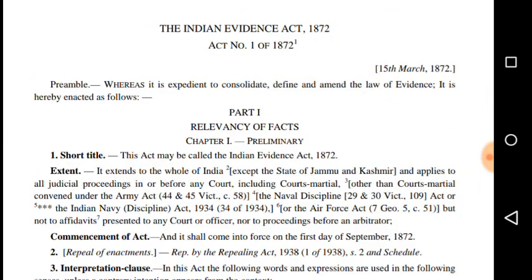So let's begin. The title of the act is the Indian Evidence Act 1872. This is act number 1 of 1872. That means in the year 1872, this is the first act enacted in that particular year. That's why it is act number 1 of 1872. The date of its enactment is 15th March 1872.